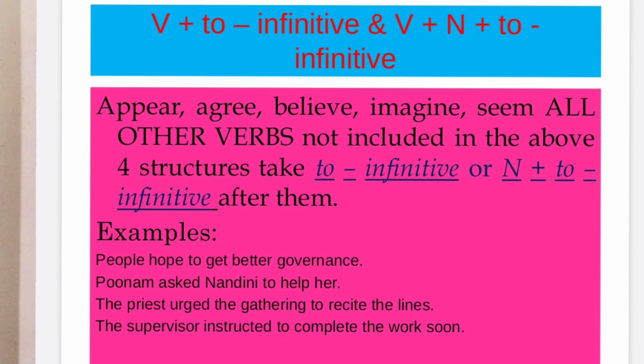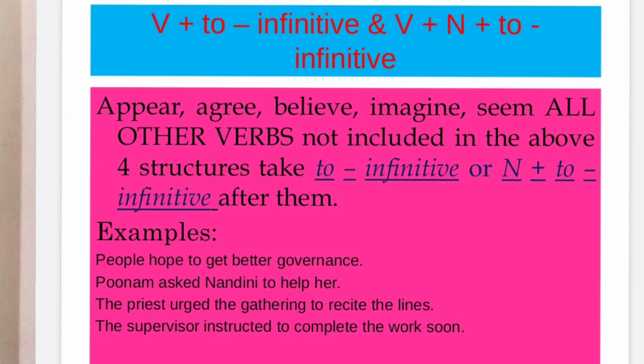Now I think you might have got a clear picture of my thought, my idea. I discussed the sixth one, then fifth one, fourth one, then the third one. Why? Here is the point. Verb plus to infinitive and verb plus noun plus to infinitive.